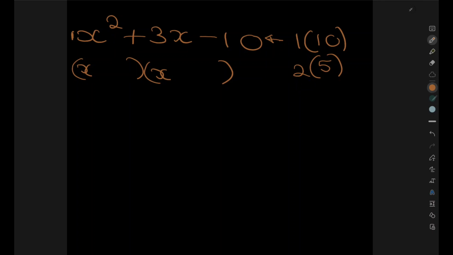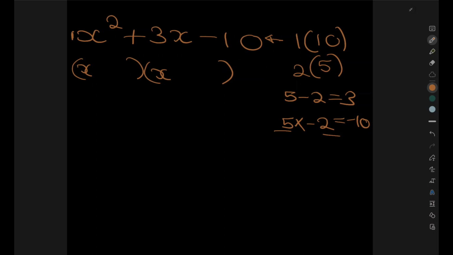So how should we go about this? We know that 5 minus 2 equals 3, and 5 multiplied by negative 2 equals negative 10. So these are our two terms. Now, how do we go about filling them in, right?